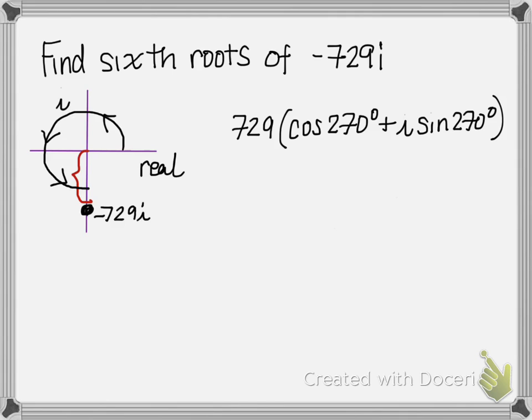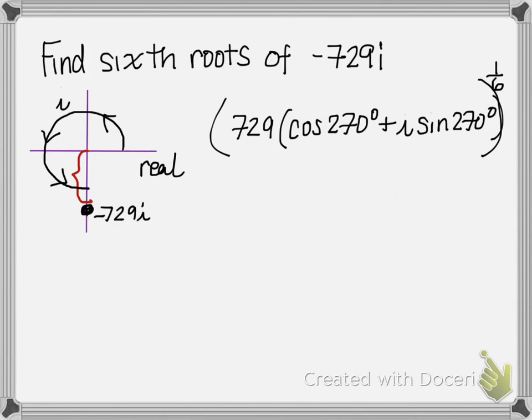From here, remember that we're looking for the sixth roots. So that would be this, the sixth root, right? But I'm going to write it as an exponent in rational form. So I'm going to write it to the 1/6 power. And then I'm just back to De Moivre's theorem.